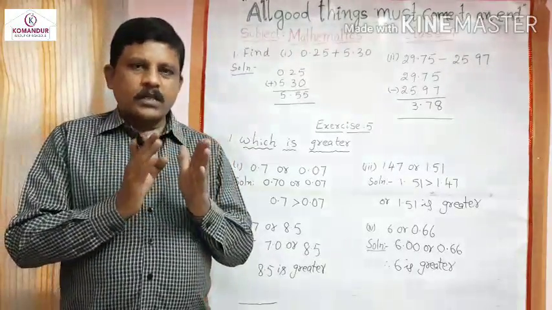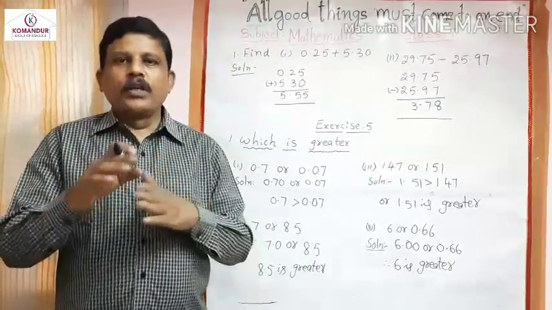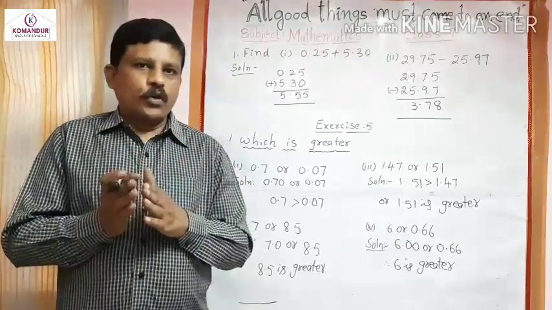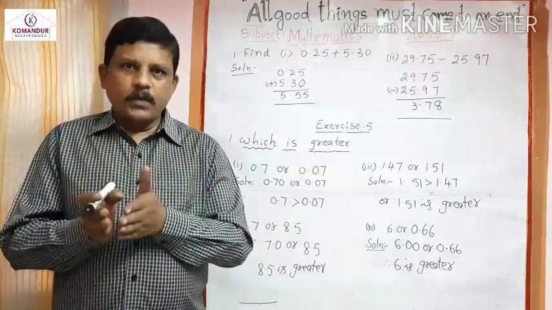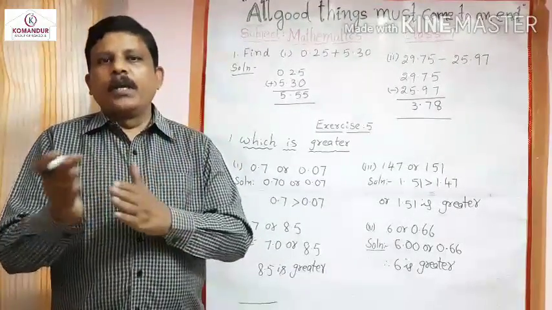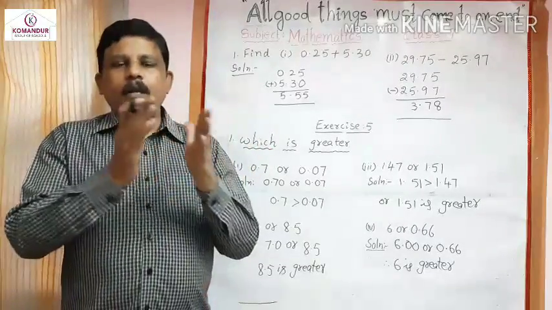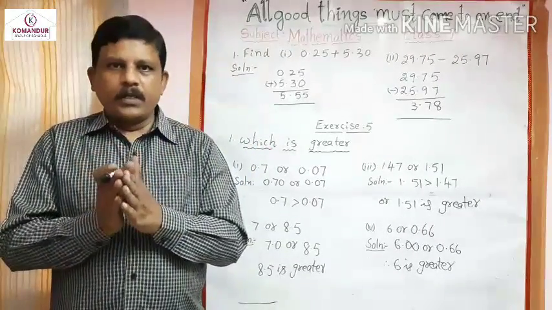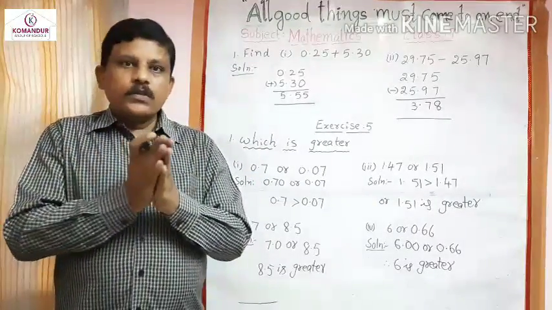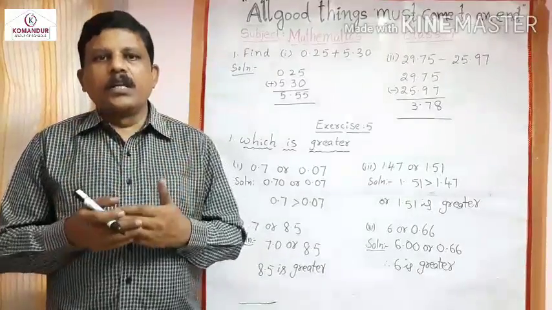So if I ask, 1 meter equals how many kilometers, then it is 1 by 1000 kilometers. We know that 1 meter is 100 centimeters, so 1 centimeter equals 1 by 100 meters. 1 centimeter is 10 millimeters, so 1 millimeter equals 1 by 10 centimeters.